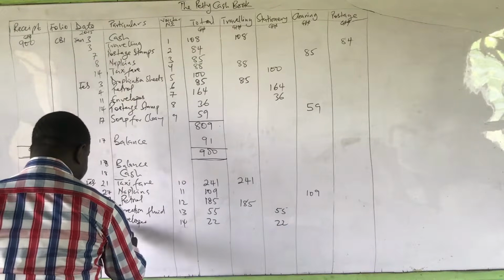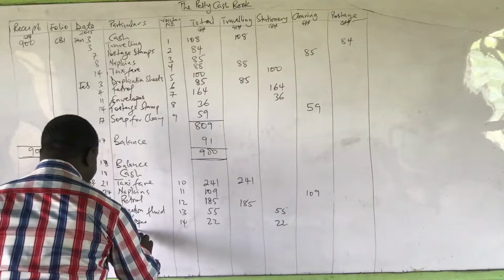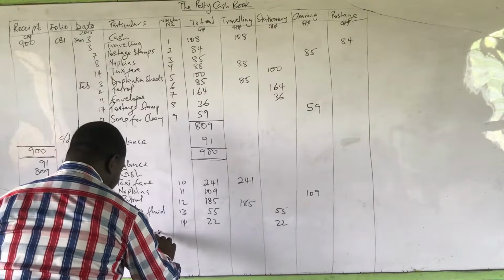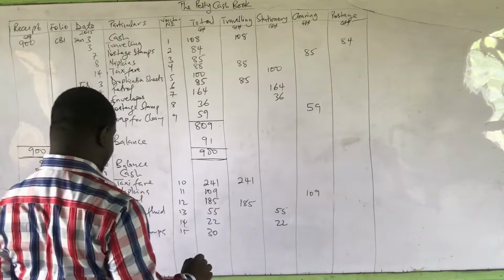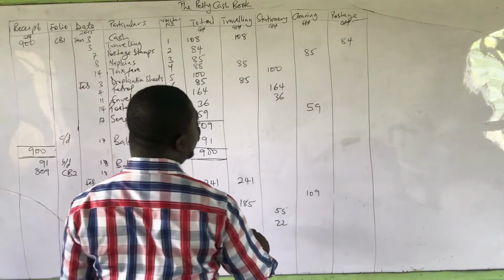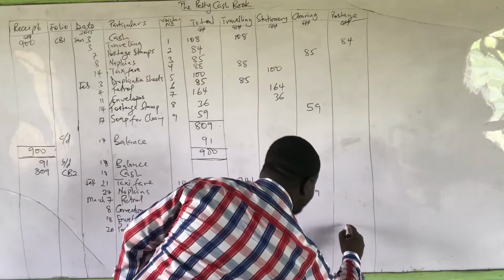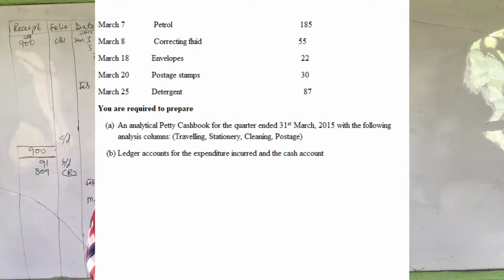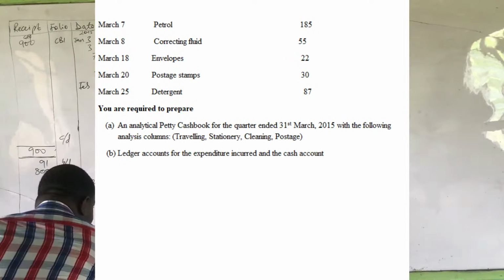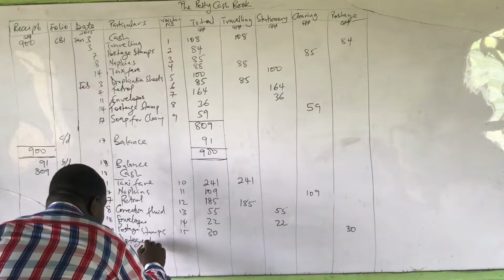So on the 20th, there was payment for postage stamps, voucher number 15, and that is 30 Ghana cedis. And postage stamps will go under postage. So we extend 30 cedis. And then finally, payment made for detergents bought.